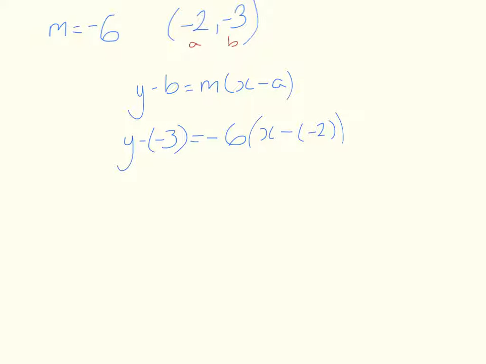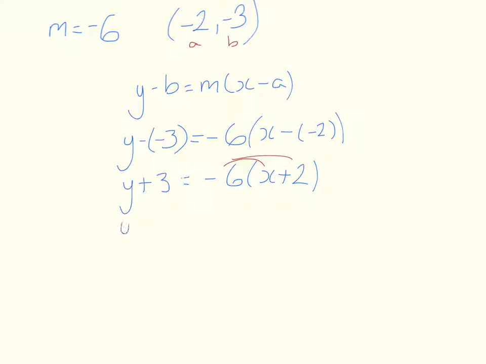My next line, I'm just going to tidy it up. I'm just going to make it simpler. So y plus 3 equals minus 6 x plus 2. When you take away a negative, it's the same as adding. I am now going to multiply out my bracket right here.